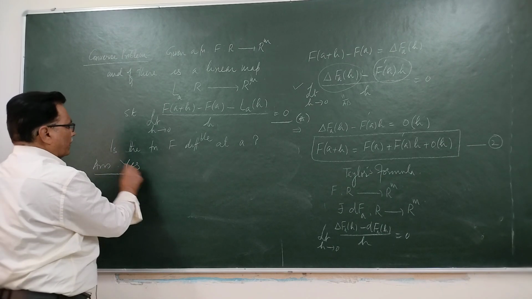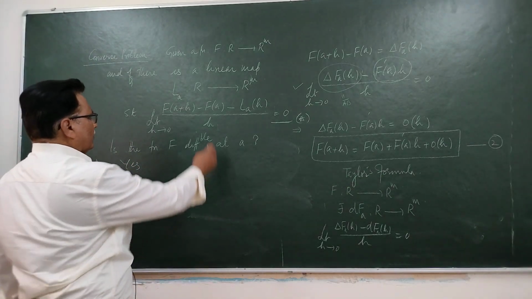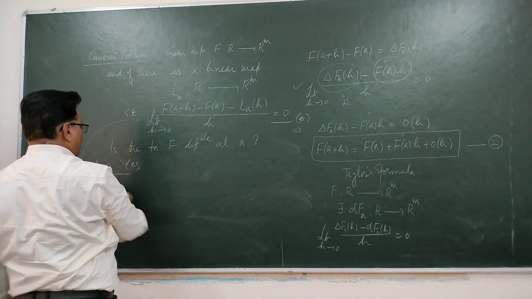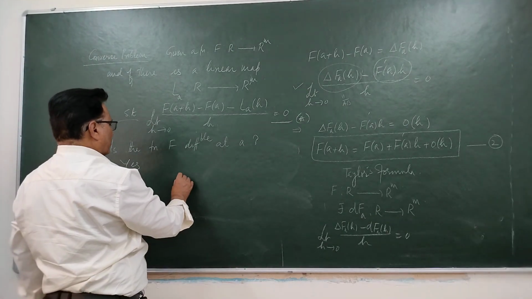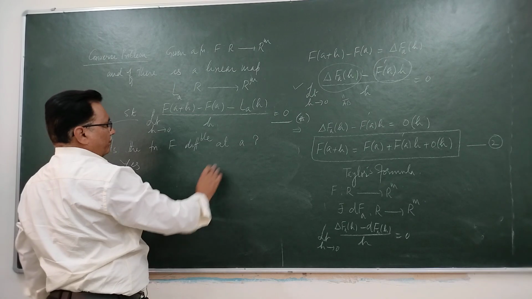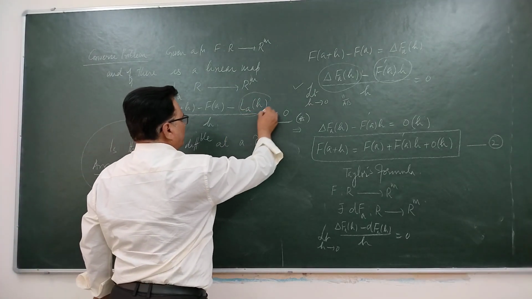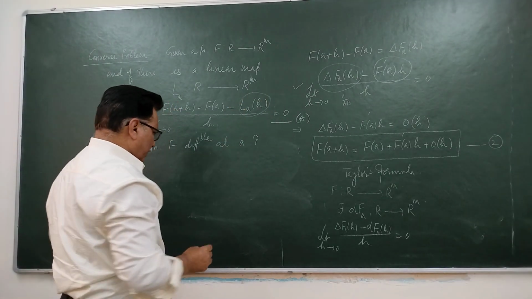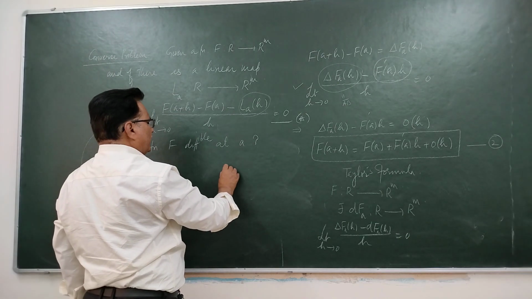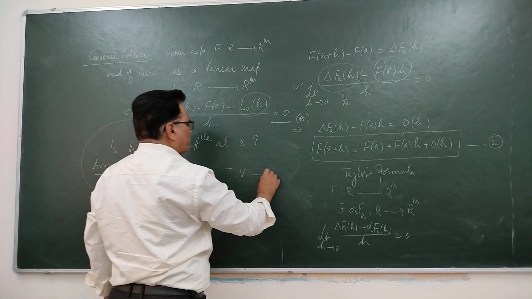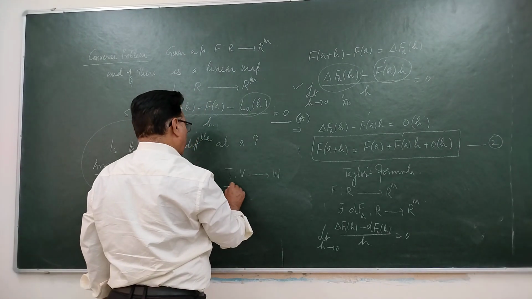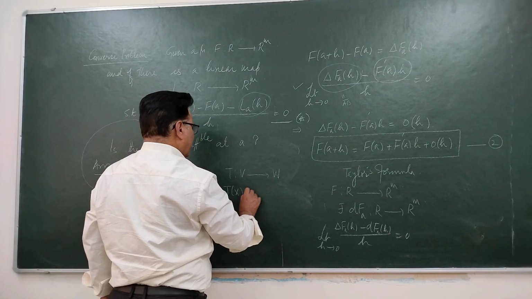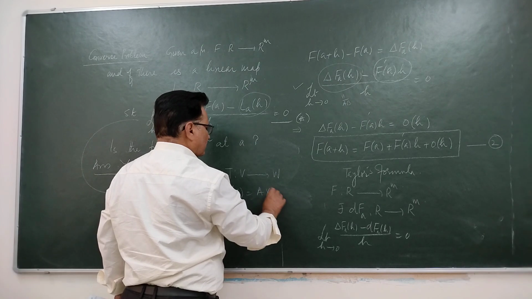We can prove it. I will start with this assumption and the star equation. Since this is a linear map, you know that whenever you have a linear map from one vector space V to another vector space W, then it can always be expressed as Tx equal to Ax.